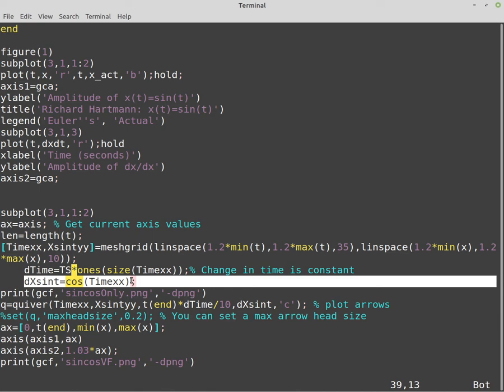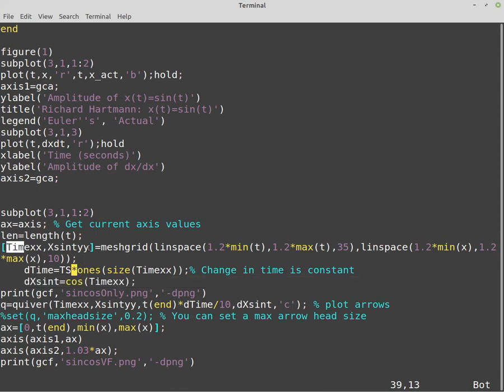So whatever that derivative is, you just execute it for every one of your points in this huge matrix, and then you call the quiver command. In the quiver command, you give it the time XX and the horizontal XX direction.